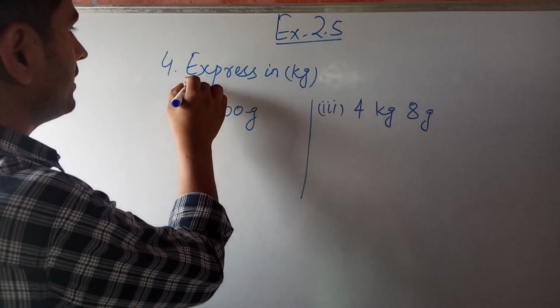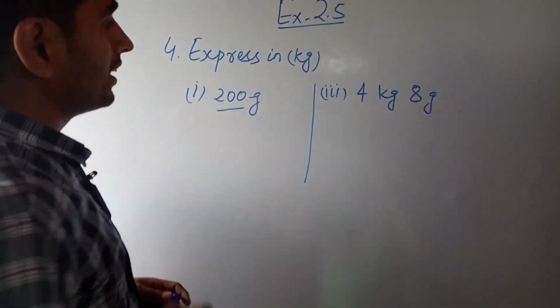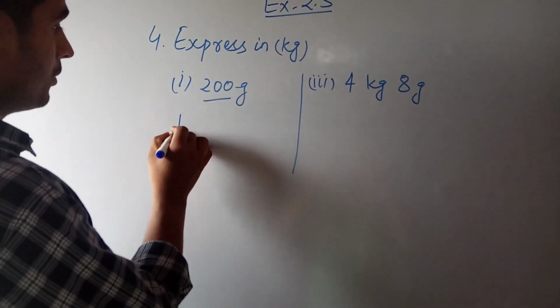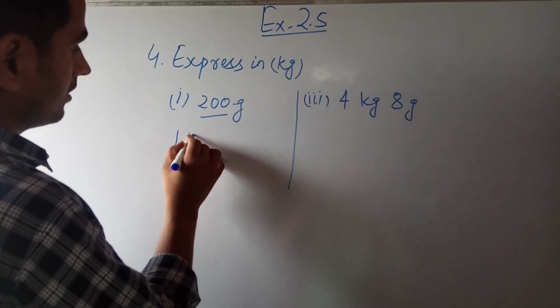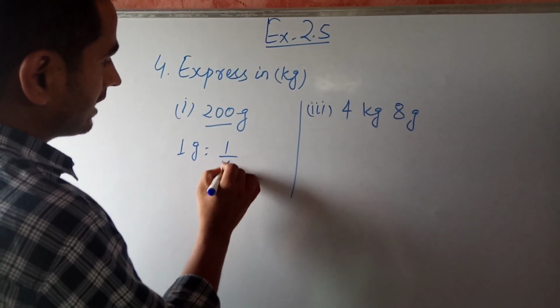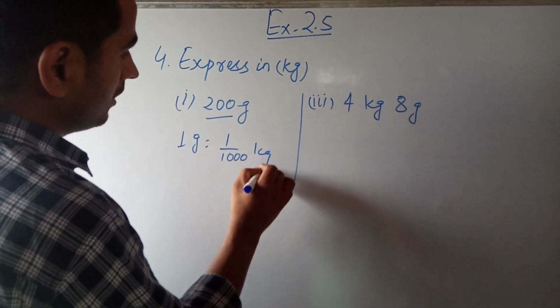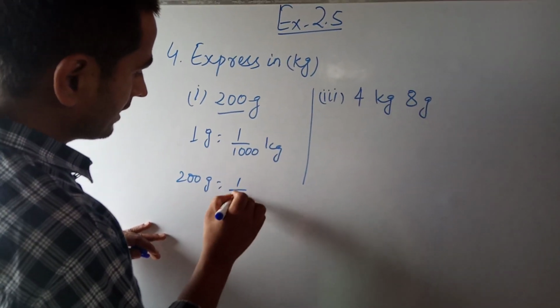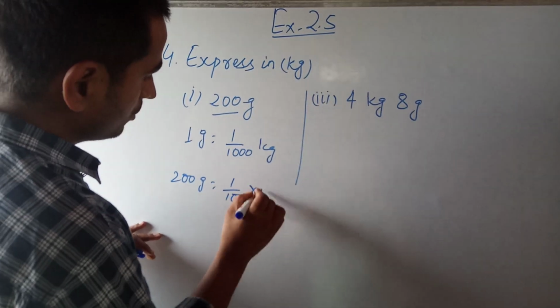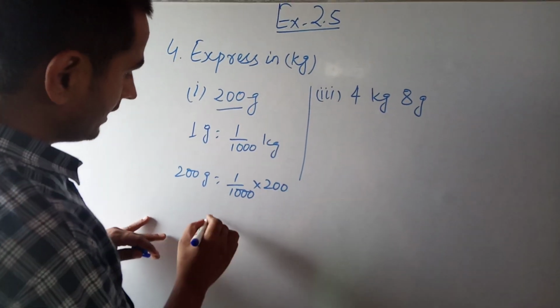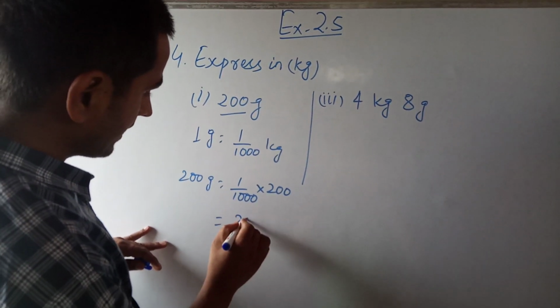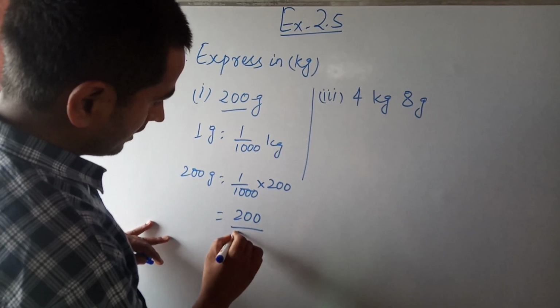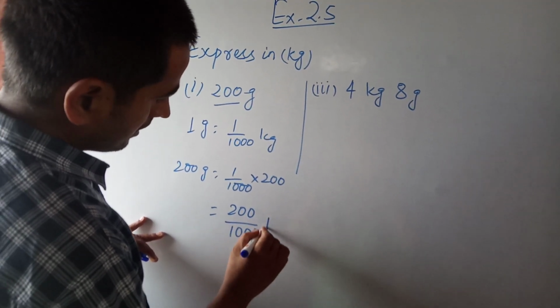Now coming to question number 4. Question number 4 is saying we have to express 200 gram into kilogram. We know that 1 gram is equal to 1 by 1000 kilogram, and we have 200 gram. So 200 gram is equal to 1 by 1000 into 200. That is equal to 200 by 1000 kilogram.